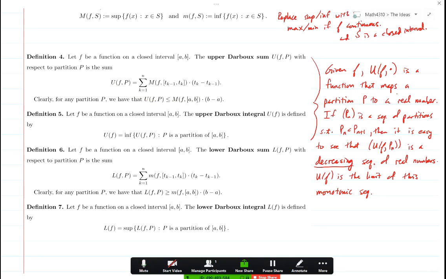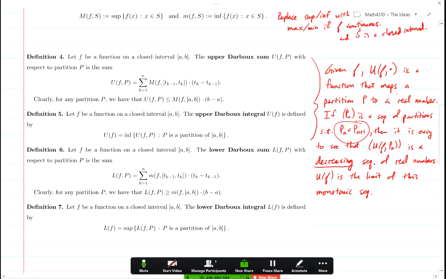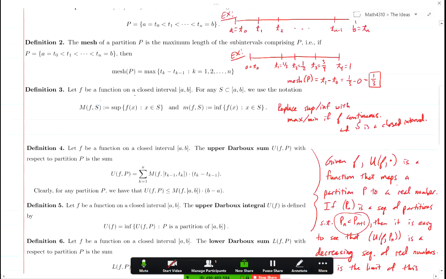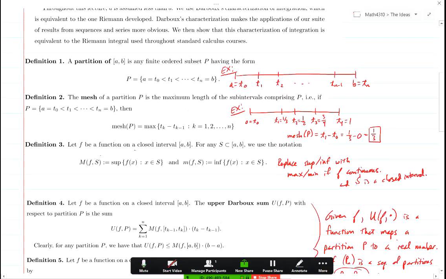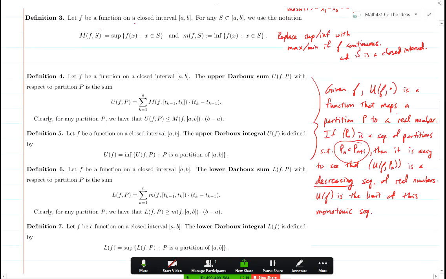So if I consider a sequence of partitions, then it's actually pretty easy to show that if these partitions are just refinements, meaning that p sub n is contained in p sub n plus 1, because remember, a partition is just a set of points. So basically, if I add new points, all that I'm doing is possibly dividing previous partitions into smaller partitions, or previous intervals into smaller subintervals.